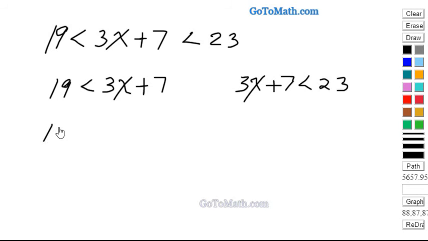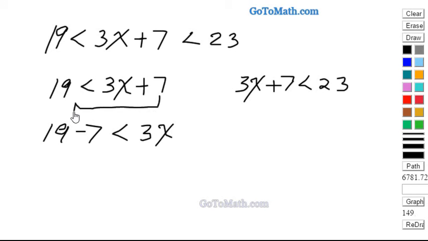So we have 19 minus 7, bring this over to the left-hand side, is less than 3x. We want to bring that over, trying to isolate x, and because it's a positive, we can bring it over, and now it becomes negative. Okay? So 19 minus 7 is 12.